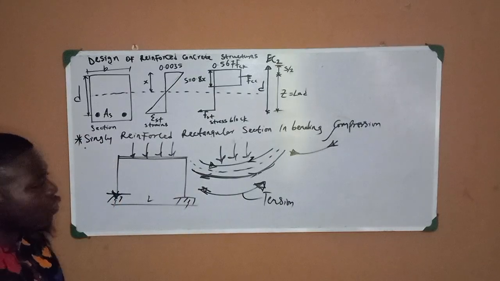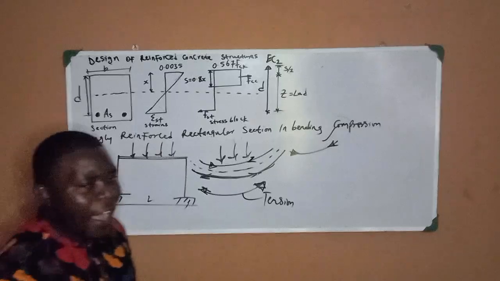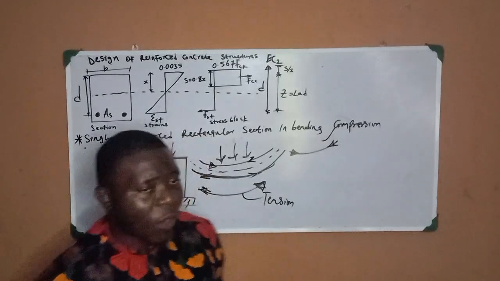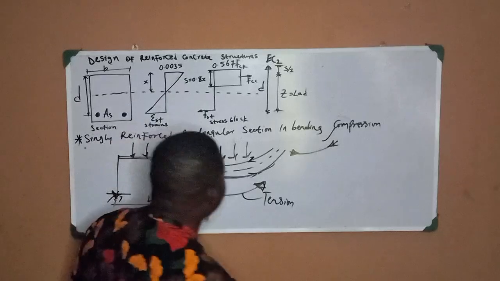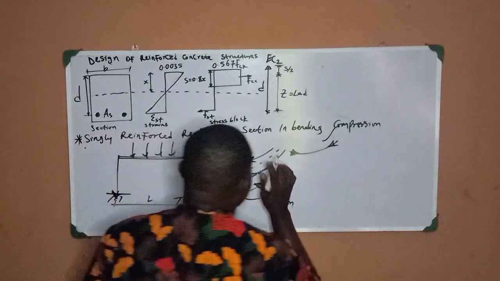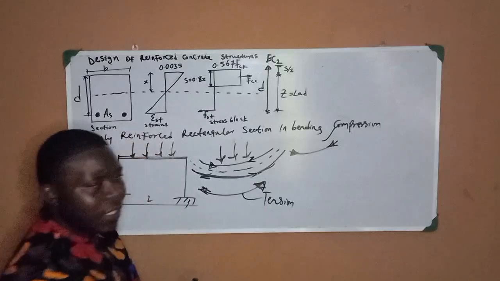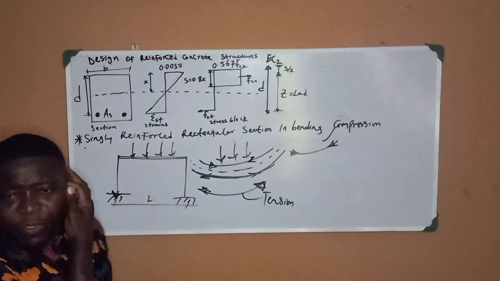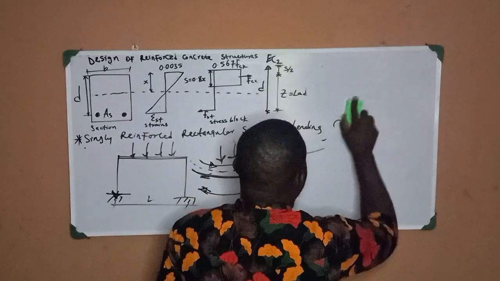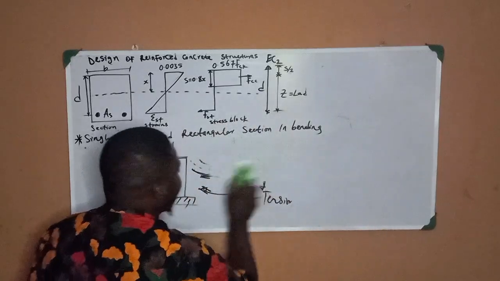While in the tension zone, concrete does not have the strength and ability to resist. That's why we now reinforce. By the time you put your steel in the tension zone, the steel will go into action, resisting those tensile forces, and that's what we are looking at today.